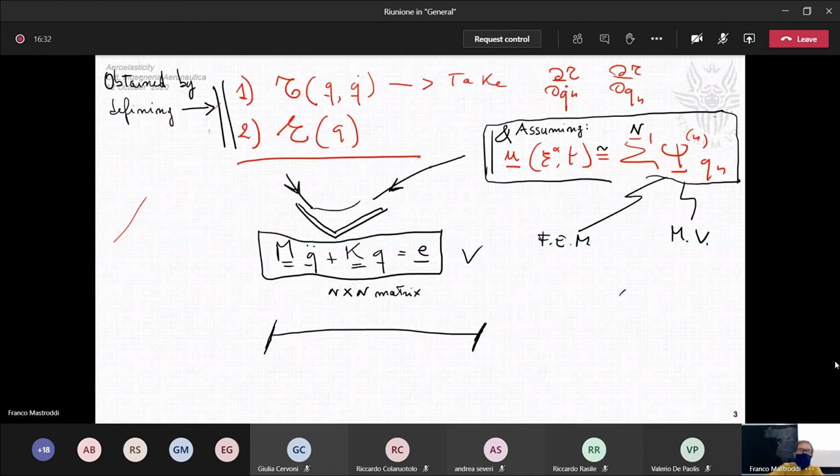I have to just express the kinetic energy, the elastic energy, and then assuming this, apply the Lagrange equation of motion. Assume these two, this third, and assuming this, apply the Lagrange equation, and then obtain this. This is the step, okay?